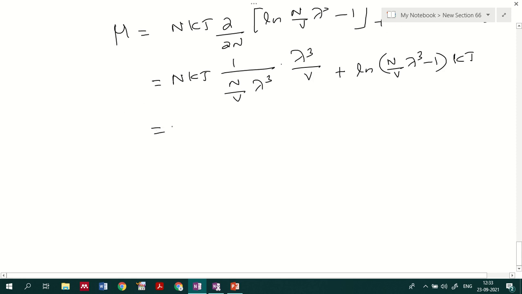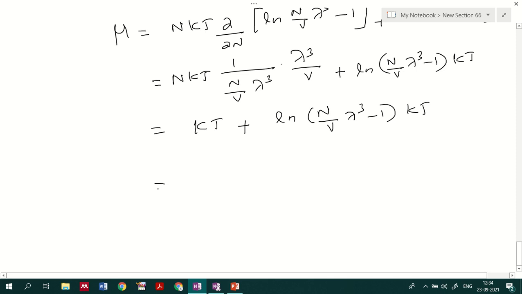Now if you proceed with this, here λ³ and λ³ get cancelled, and V also gets cancelled. What remains is that N and N also get cancelled here. So in this part we will only have kT, and in the other part we have ln(N/(Vλ³)) minus 1 into kT.